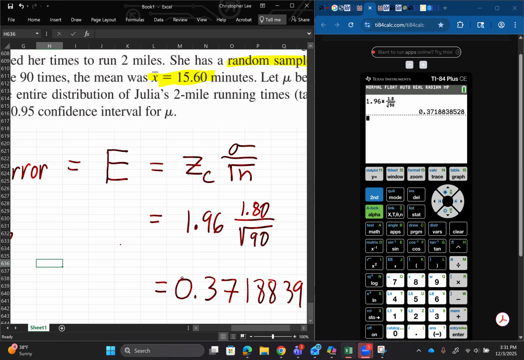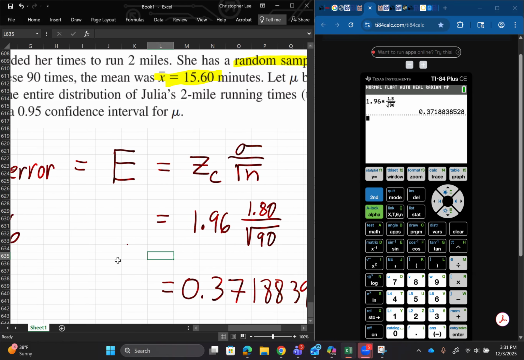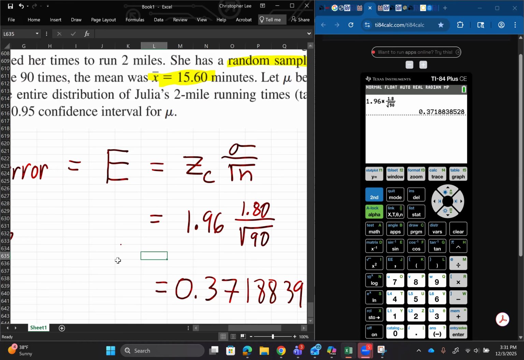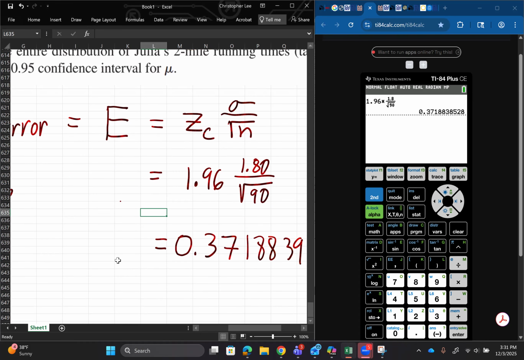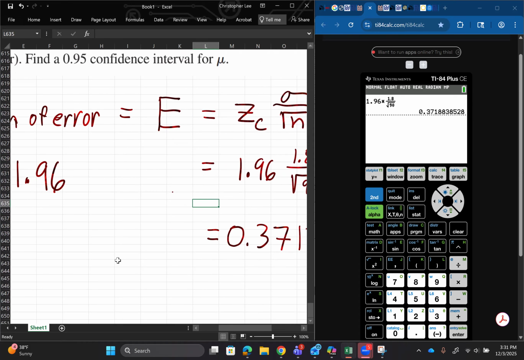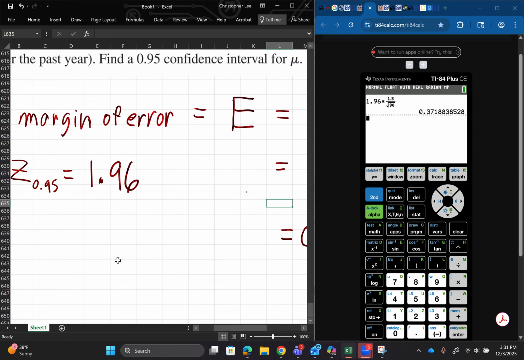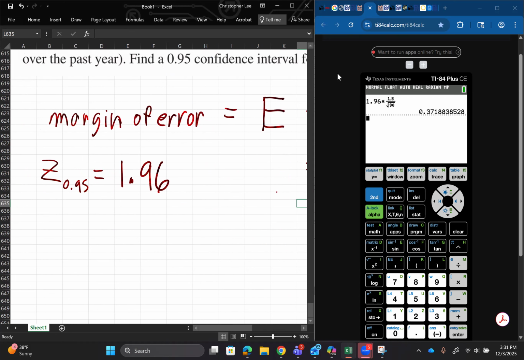I would rather just let the calculator do all of it for you. 0.371, 0.372, I would accept that. What if we just put the whole number in? That's what I like. I don't like rounding.